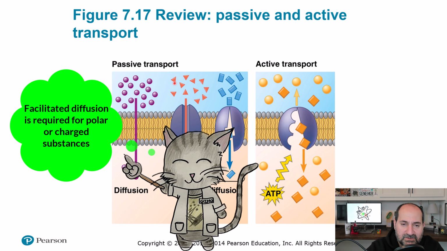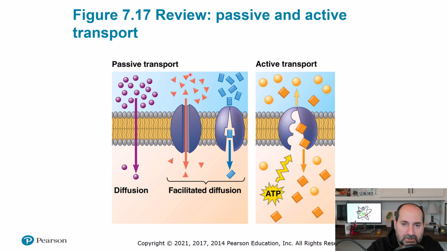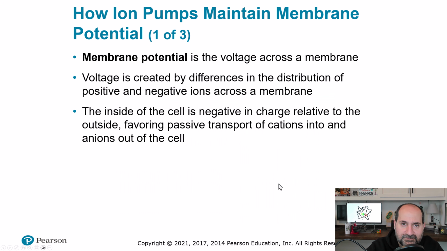And remember, these substances are either polar or charged, right? Okay, very important to understand those concepts. And then with active transport, remember, substances are moving against the concentration gradient, and this requires ATP or some other form of energy. Remember membrane potential, a voltage across a membrane.